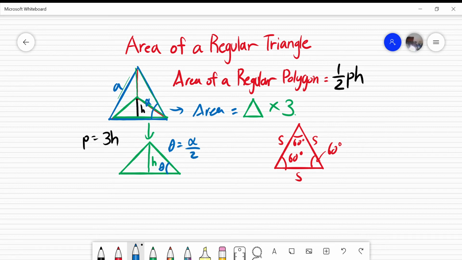We know what alpha is. That's equal to 60, so that's 60 degrees over 2. Therefore, this angle is equal to 30. And since all the angles are equal, we can also conclude that this angle must also be theta, which is also equal to 30 degrees.